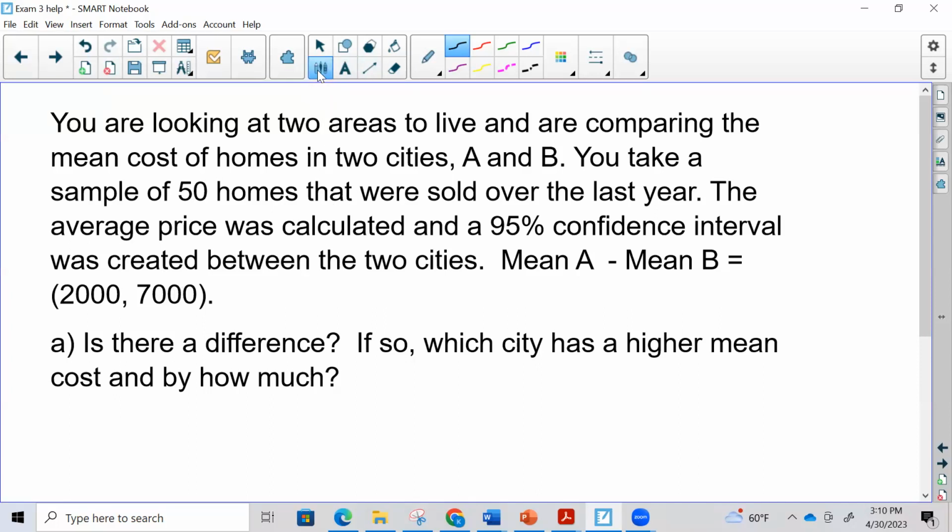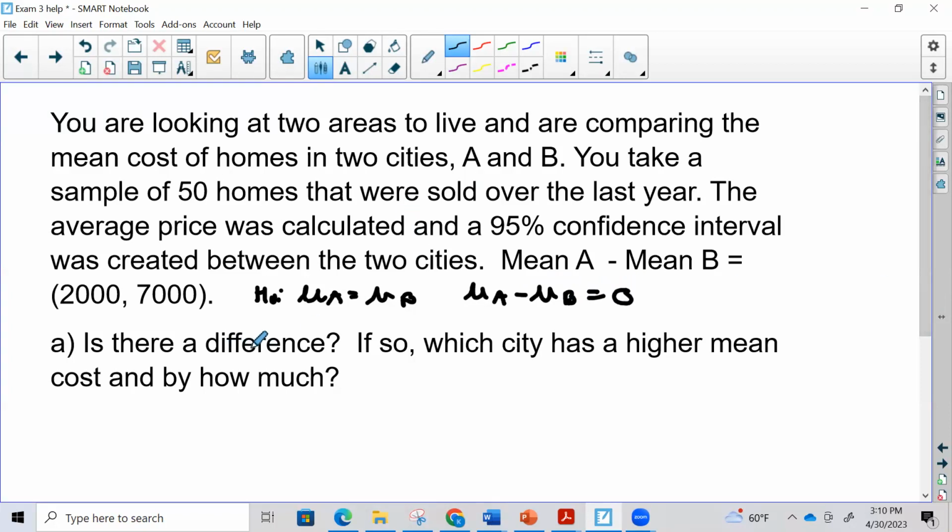So the first question is, is there a difference? When we're doing this type of test, which is a two sample t-test, the null hypothesis is always that we're assuming the means are equal, or another way to say it is that the difference between the two cities is equal to 0.